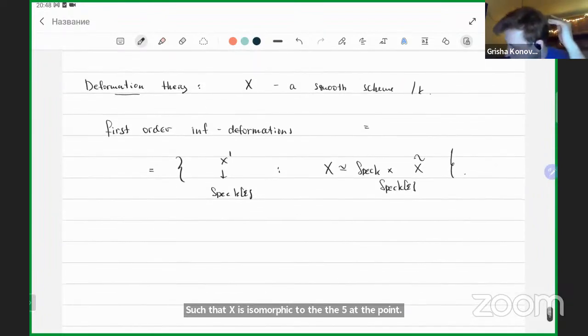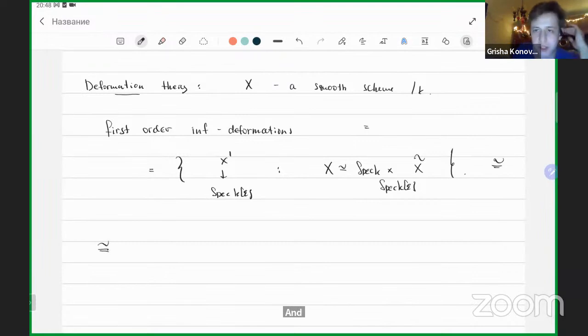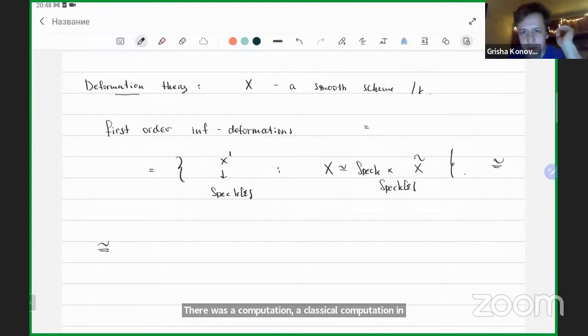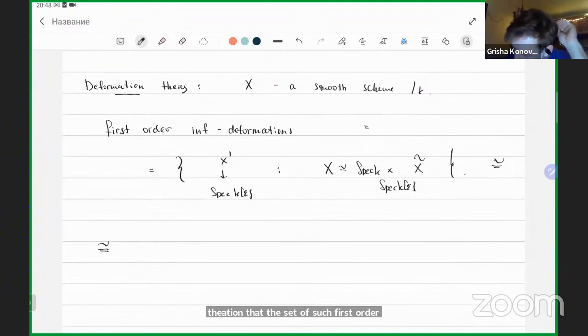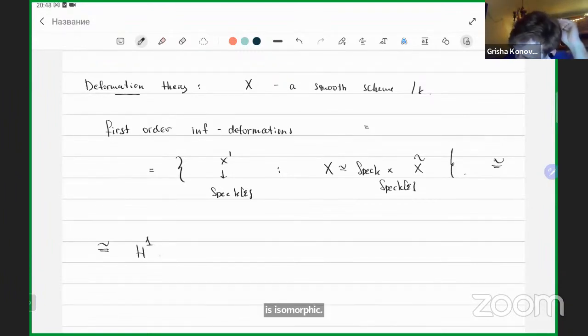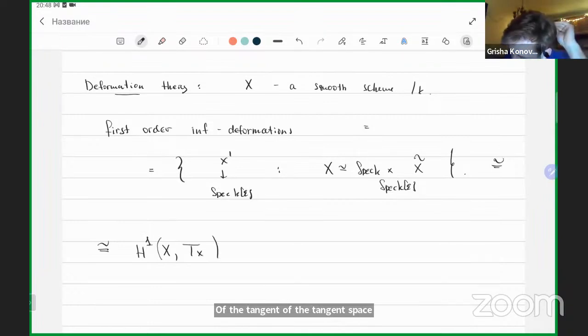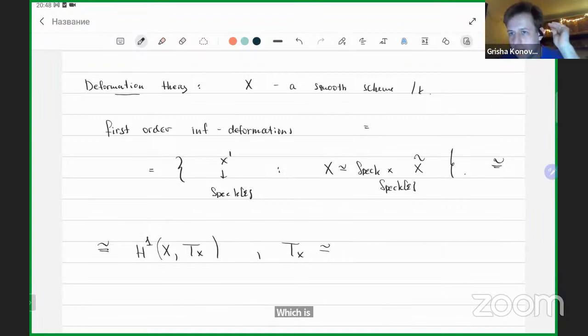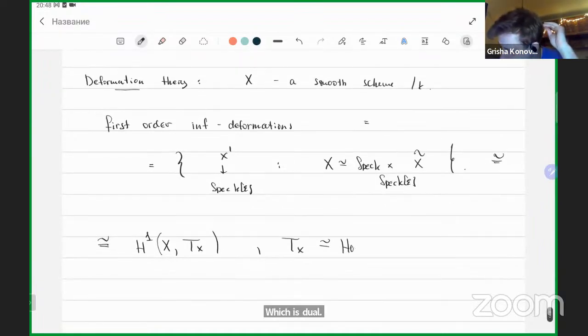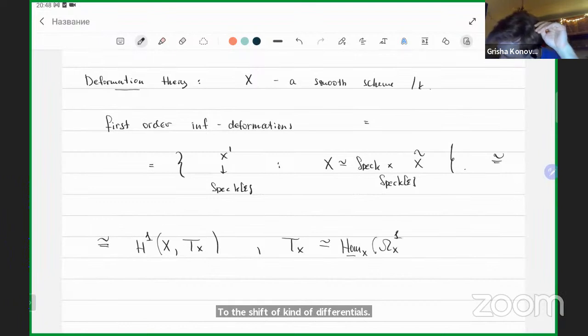And there was a classical computation in deformation theory that the set of such first order deformations is isomorphic to the first cohomology of the tangent sheaf, which is dual to the sheaf of Kahler differentials, that is, Hom from the sheaf of Kahler differentials to the structure sheaf.